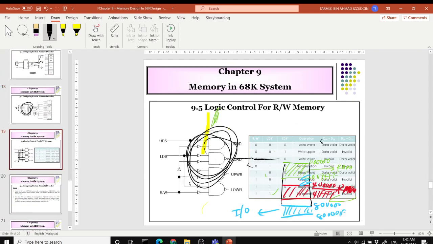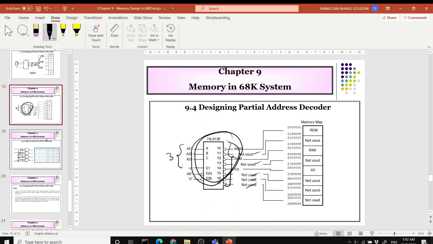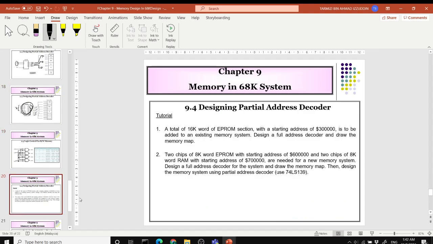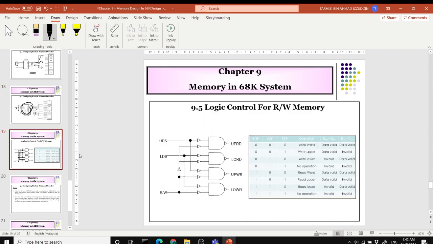So let's look at finally the logic control for read and write memory. If you remember, apart from chip select, your memory has a pin which denotes read and write.